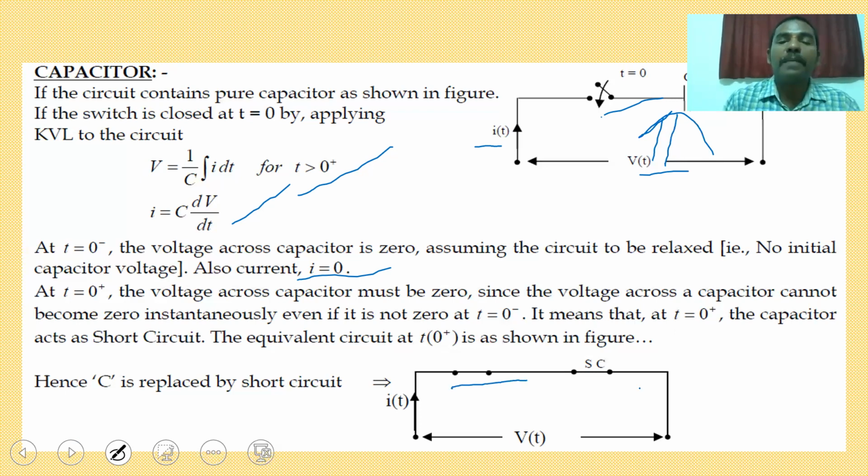So the capacitor will act as a short circuit, and the current flowing through the circuit must be considered as i(0+), the value of current flowing through the circuit. Okay.